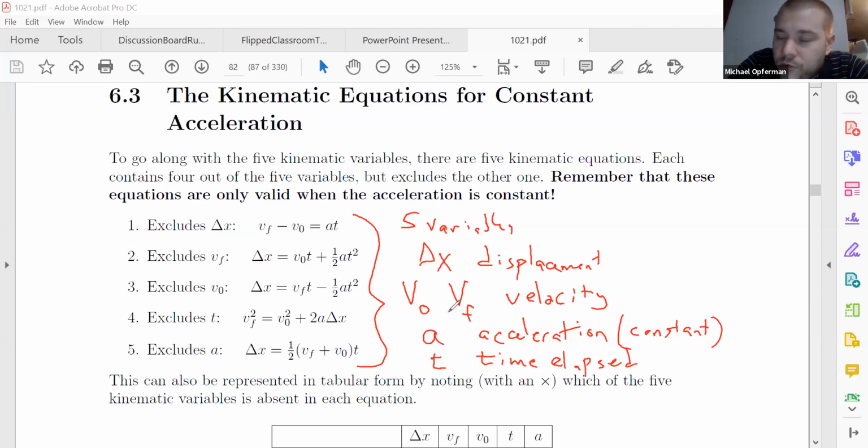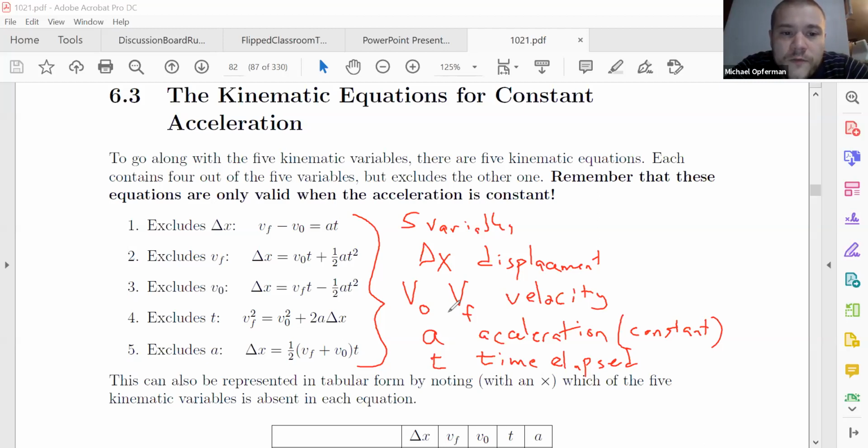And the other thing I want you to notice is that each of the equations only actually has 4 variables in it, but it's a different combination of 4 variables in every equation. So each one of these 5 equations contains a different unique combination of 4 out of the 5 variables. As you can see written here, the first equation has all the variables except delta x.